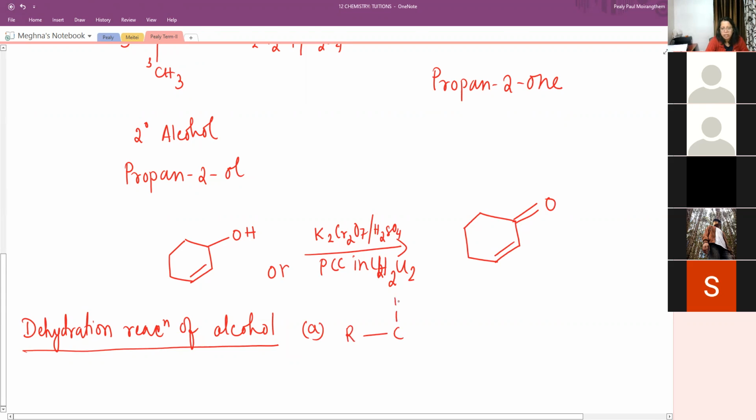Primary alcohol, when heated in presence of copper at the temperature of 573 Kelvin. This you all have done already. 573 Kelvin, dehydrogenation reaction. Sorry, it's not dehydration, dehydrogenation.